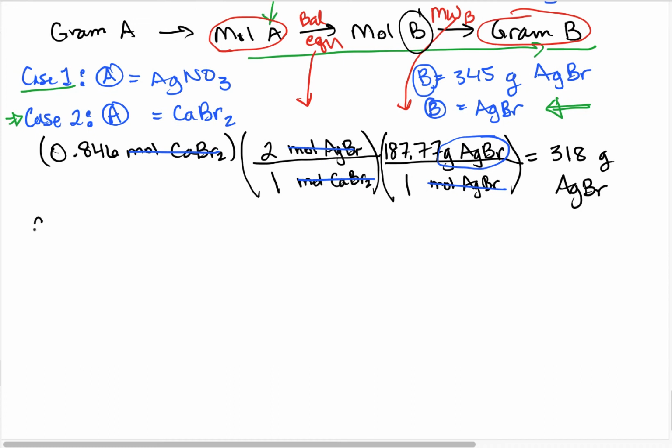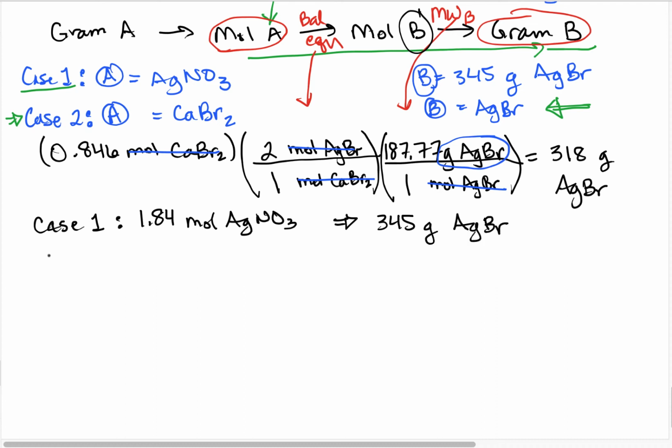So with case 1, that was 1.84 moles of silver nitrate as our starting place. We got 345 grams of silver bromide. And in case 2, when we started with 0.846 moles of calcium bromide, we got 318 grams of AgBr.